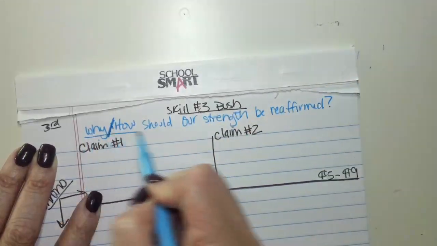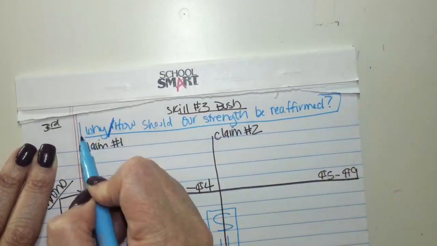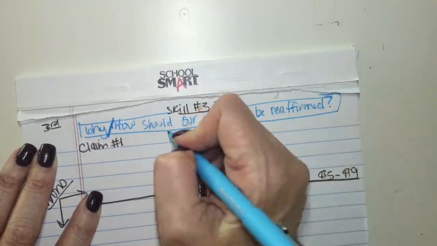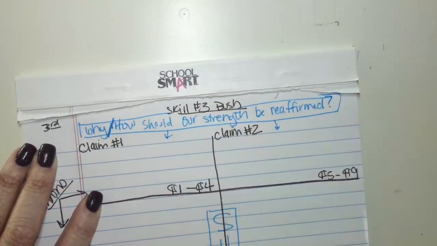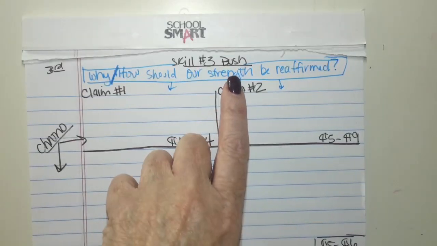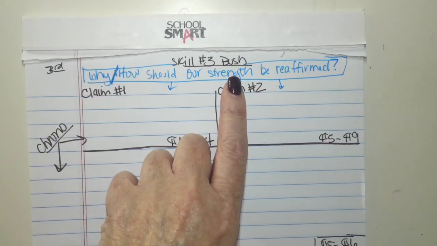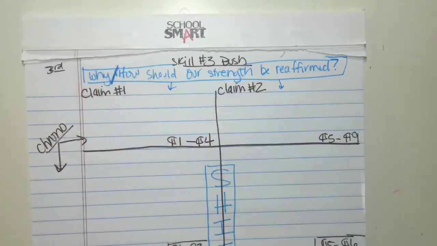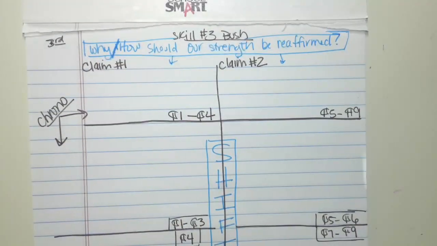That's what we were annotating for, right? That's what we were looking for. That's what our claim should answer, because there's the purpose that we were given, right? Reaffirm the country's strength. So why or how should our country be reaffirmed? Okay. Look in paragraphs 1 through 2 or 1 through 3. Find a piece of evidence that we marked that we liked. Talk with your partner. Go.